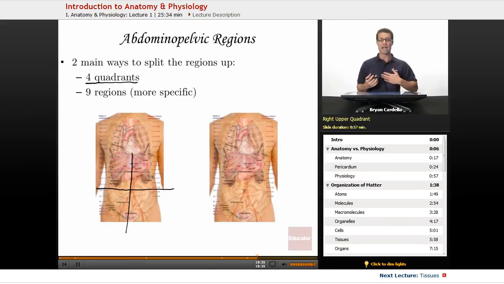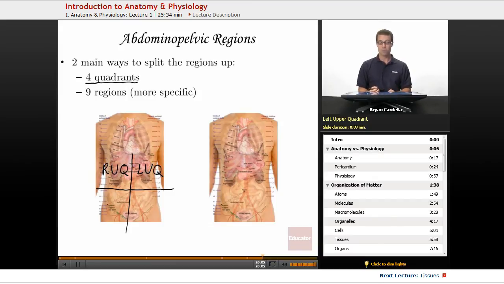So if you're looking at my heart, on your right is actually the left side of my heart, the left atrium and left ventricle, and vice versa. So with this particular guy, even though this is on your left, this is called the right upper quadrant. RUQ, right upper quadrant. So of course, next to it over here would be the left upper quadrant.